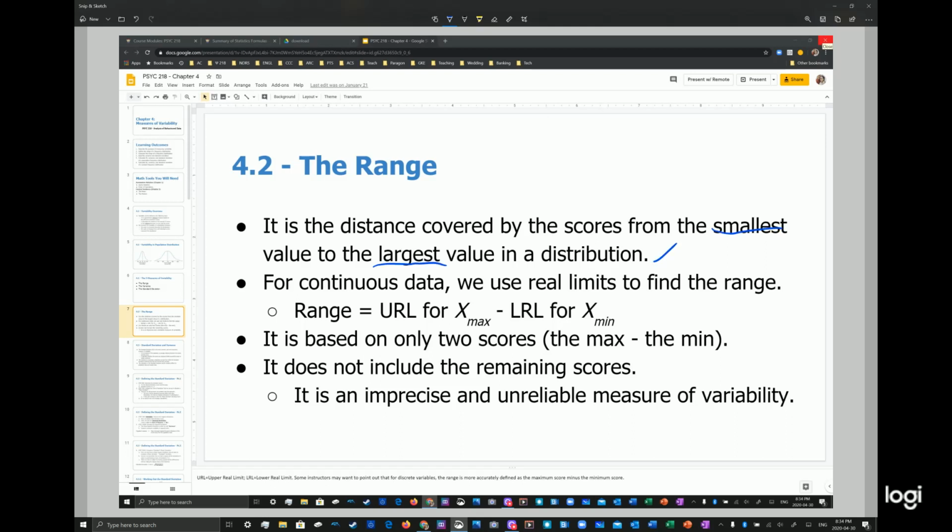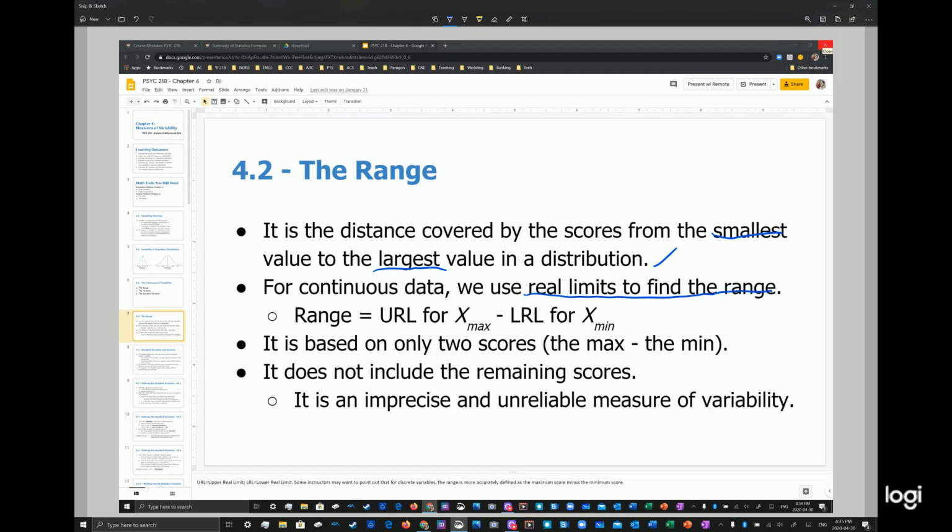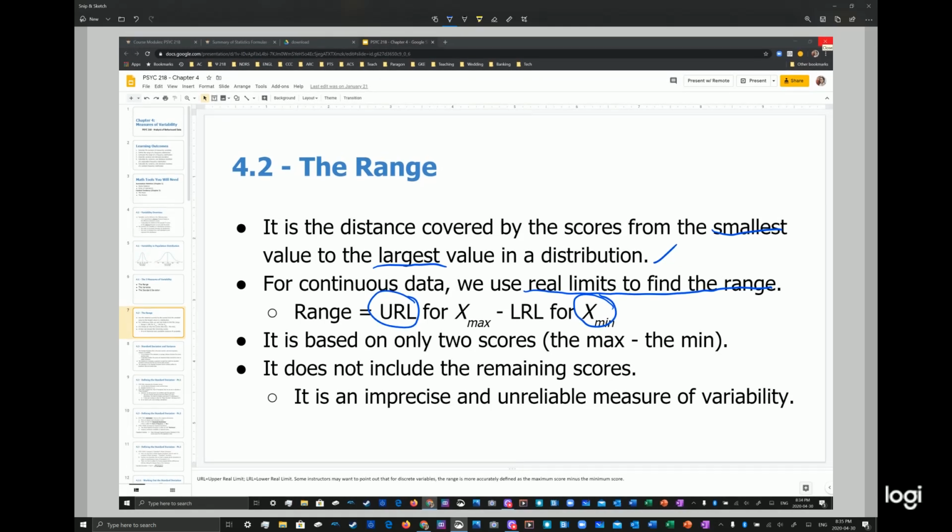For continuous data, we use, and this is a fine note here, real limits to find the range. Again, logically, the max value would have the upper real limit to get the maximum value, and then for the minimum value, we use the lower real limit to get the smallest value possible.